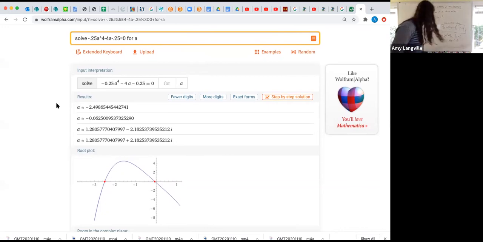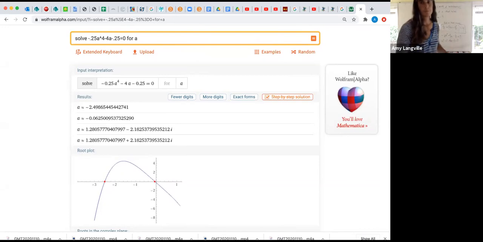Okay, so let me write these two values down and then we'll come back. Stop sharing the screen. So A is approximately minus 2.499, and A is approximately minus 0.06263.